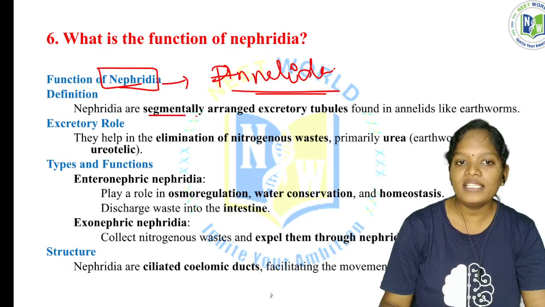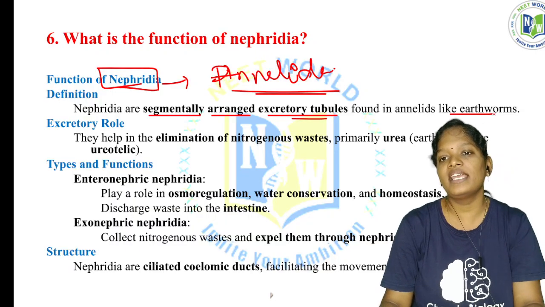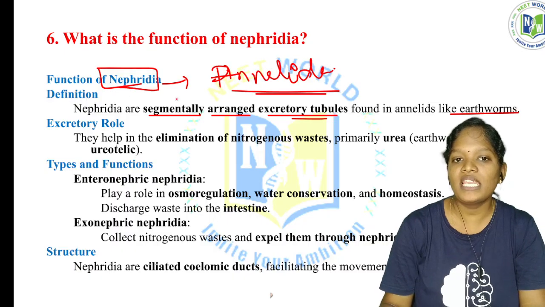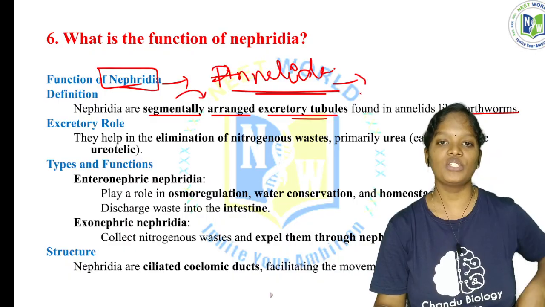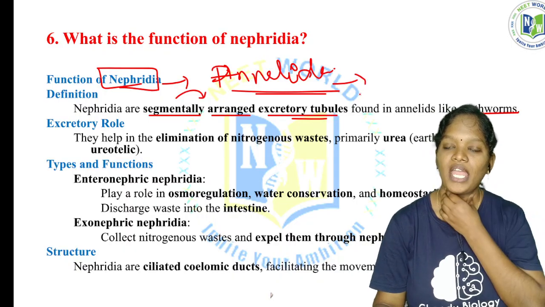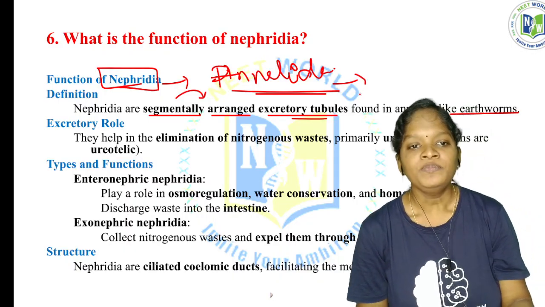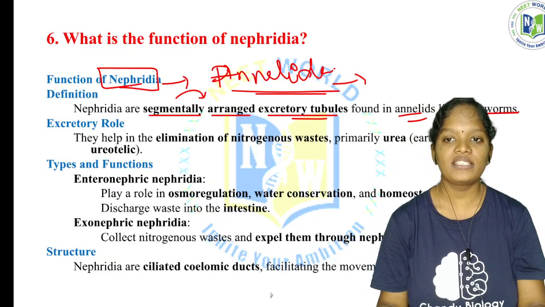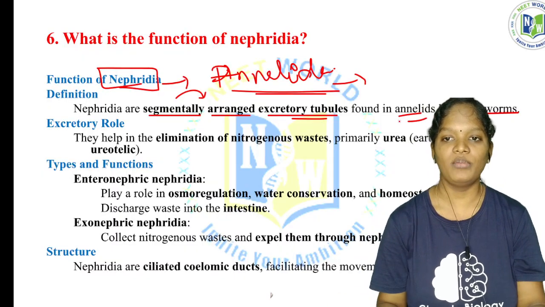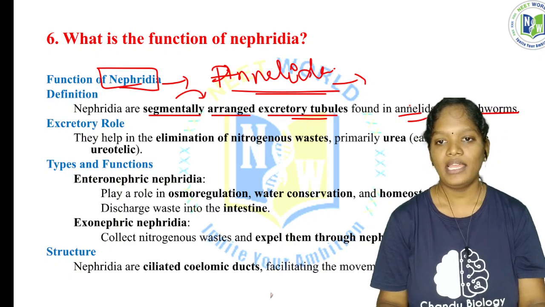They are segmentally arranged excretory tubules found in annelids like the earthworm. Annelida is known for its metameric segmentation, so each segment has its own excretory structure, that is a nephridium. An example is the earthworm, which is placed under Annelida.